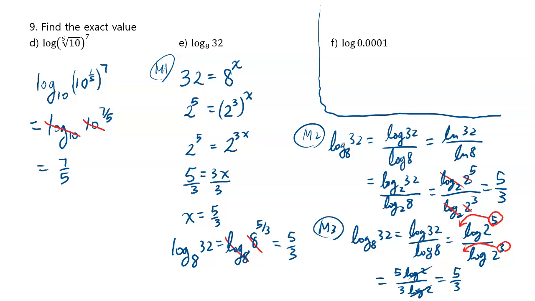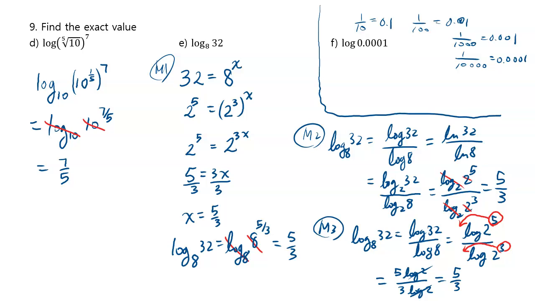This F, it's actually a very easy problem. Let's see, 1 over 10 is 0.1, 1 over 100 is 0.01, and let's see, 1 over 1,000 is 0.001, how many do I have? Oh, I have 3. So 1 over 10,000 is 0.0001.